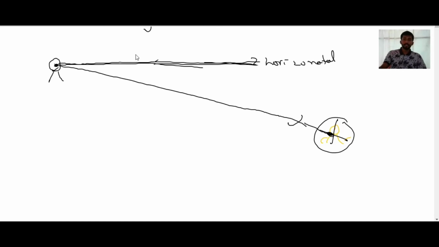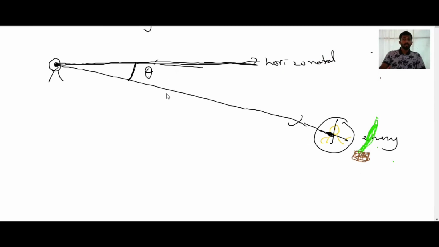Then clearly you can get one angle theta. Now see how this angle theta is formed. That theta is formed by two lines. One is the horizontal line that is drawn from the person's eye, that is our reference line. Another line is drawn from the person's eye to the object. The object is the enemy.